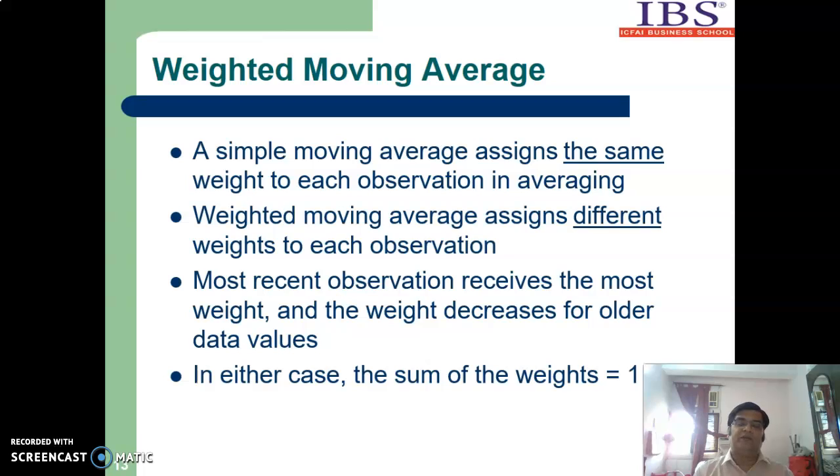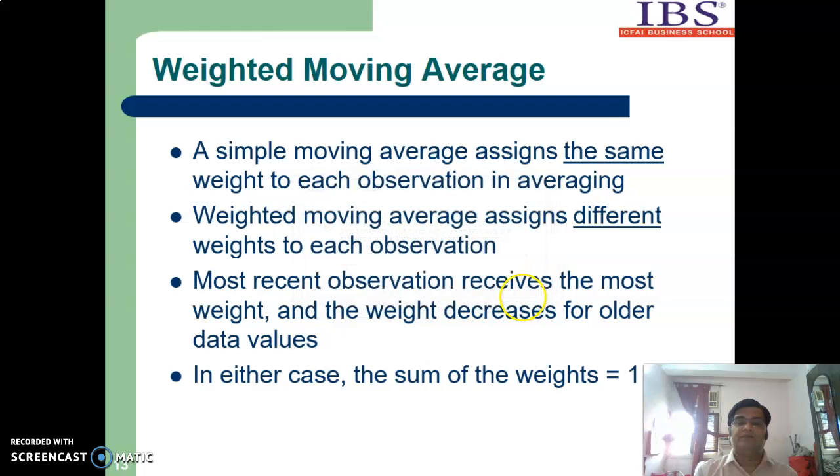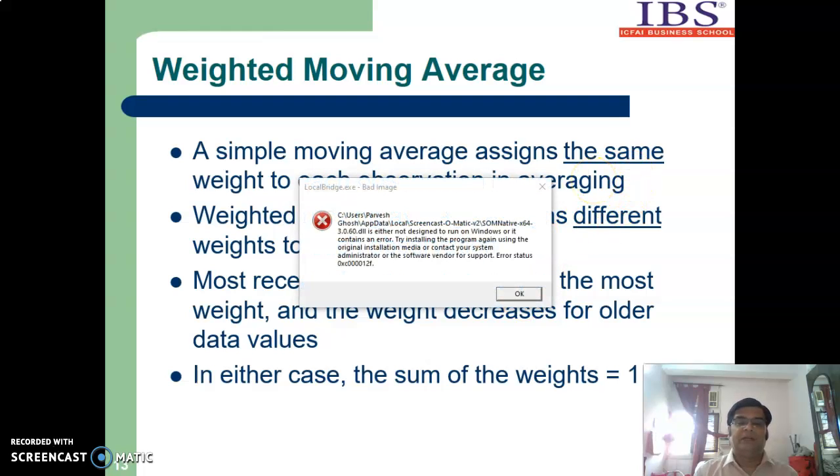So to predict for April, we put more weightage on the month of March, and some less weightage on the month of February. In this way we take the weightage. Now, what is weighted moving average? Let's define it.